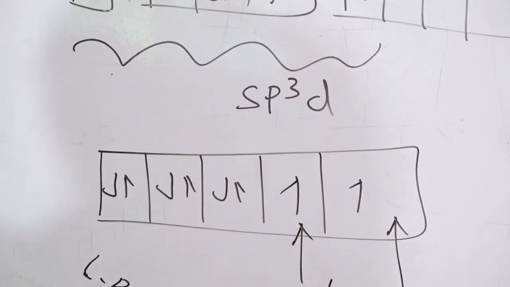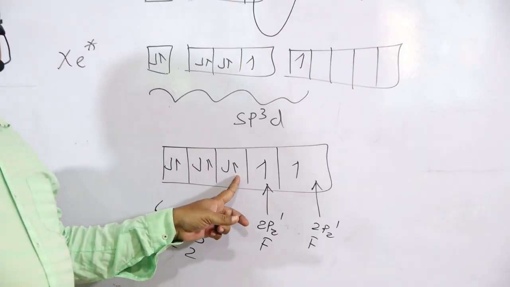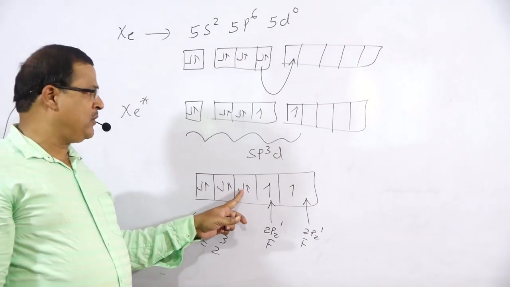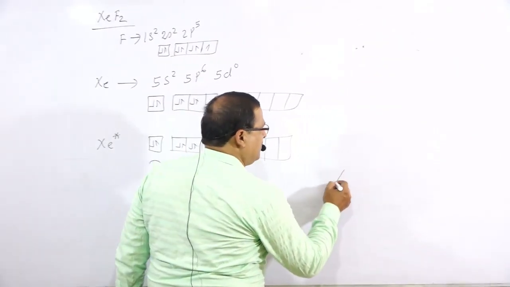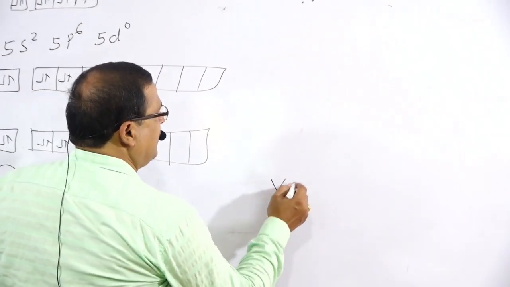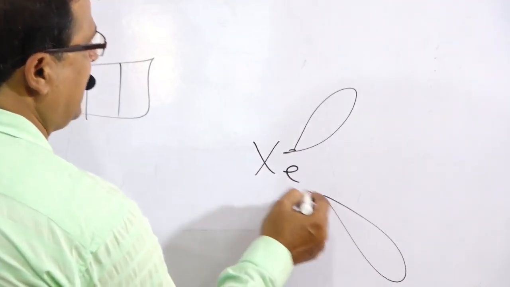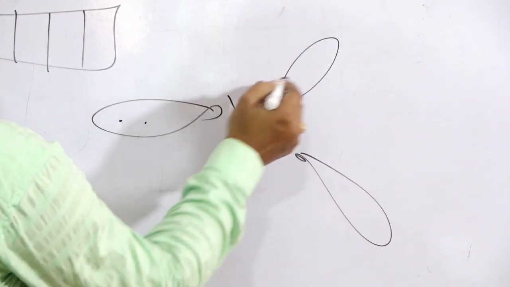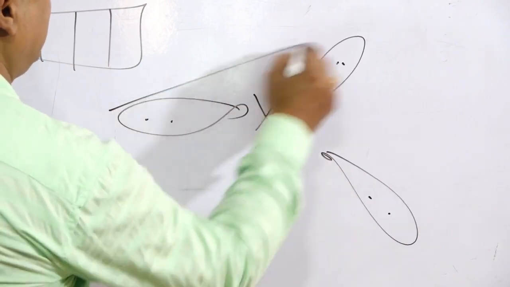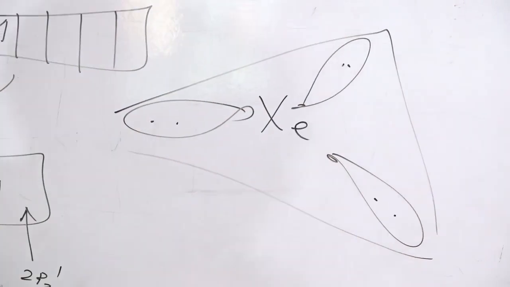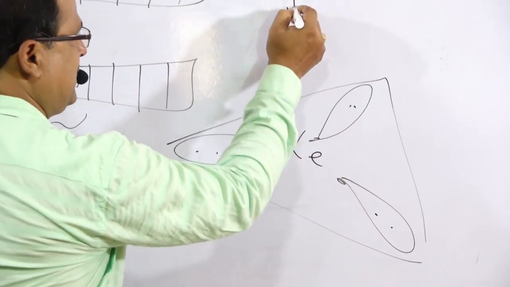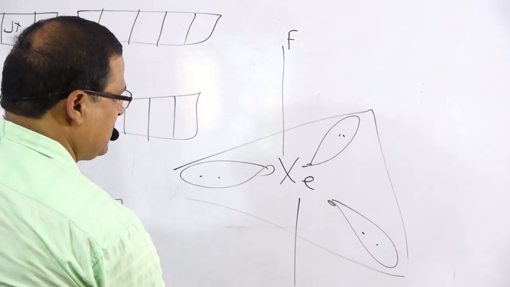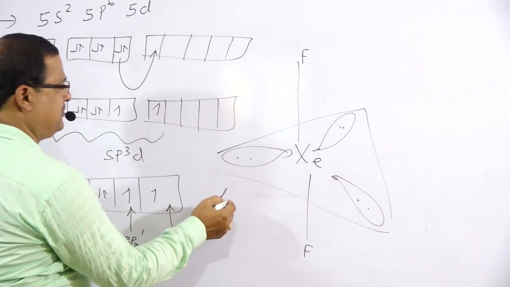But because of the presence of lone pairs of electrons, according to VSEPR theory, it has a linear structure. So the xenon atom is at the center, 3 lone pairs are at the 3 corners of the equilateral triangle, and one fluorine atom on each side. So that is a linear structure.